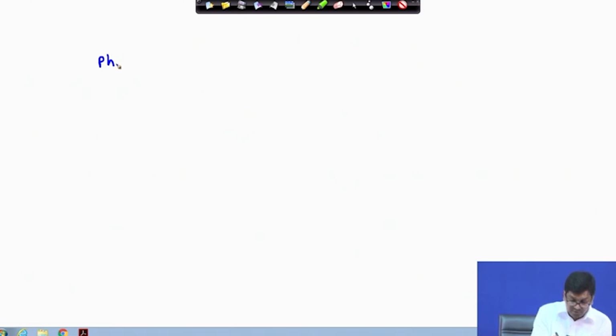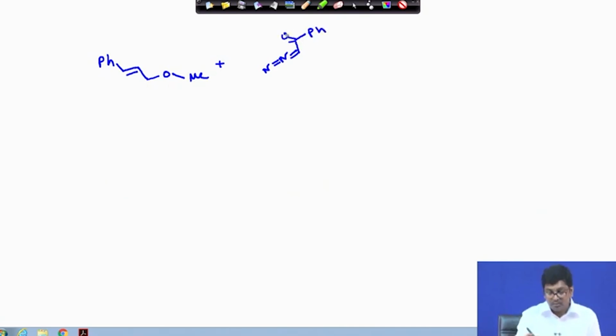For example, if we take this ether as the starting material with the corresponding diazo compound as the carbene precursor.